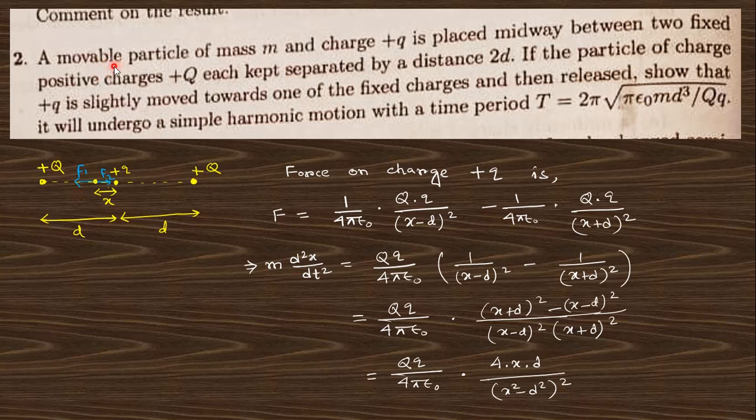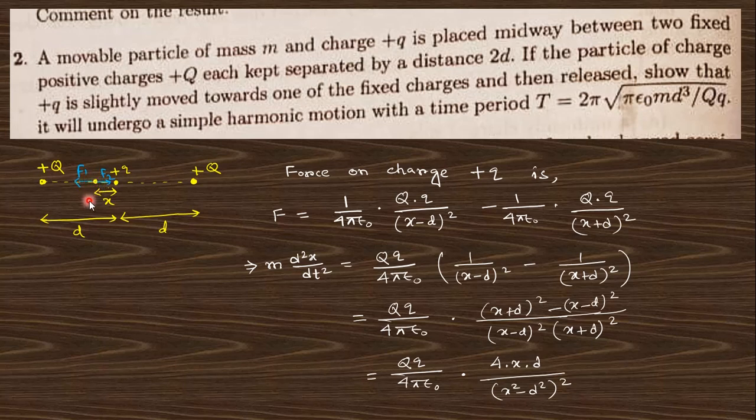The next question says: a movable particle of mass m and charge plus q is placed midway between two fixed positive charges plus capital Q. So there are two positive charges and in the middle there is a small q. Now if you slightly displace it and then release it, the small q charge is released at a position x.